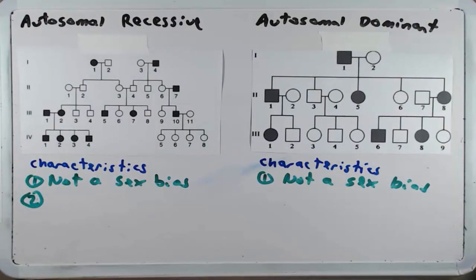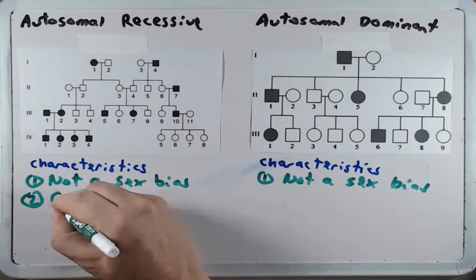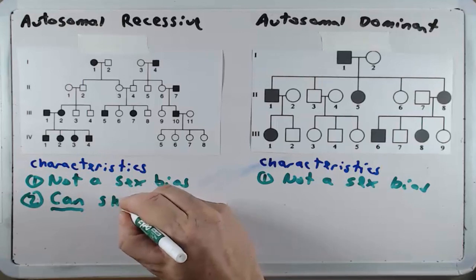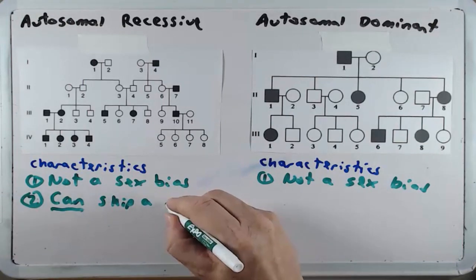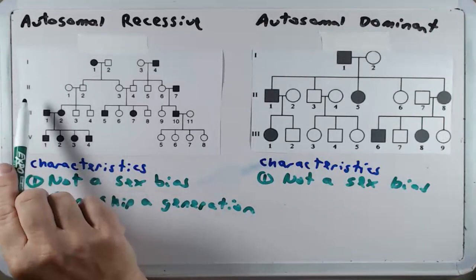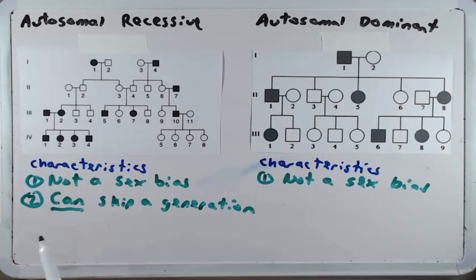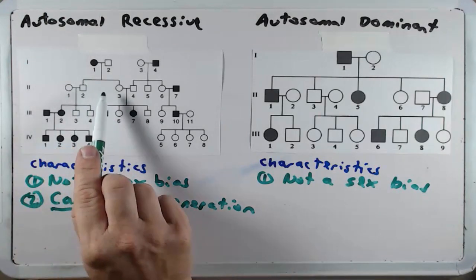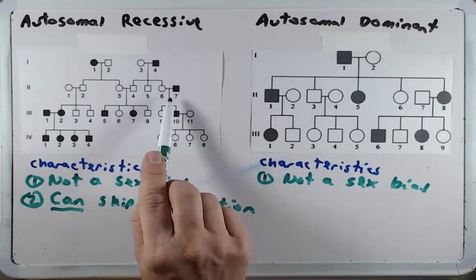Second, this is a very important part of an autosomal recessive trait: the trait can skip a generation. Over here we have 4 generations. When we say skipping a generation, we don't mean everybody in generation 2 doesn't have it.